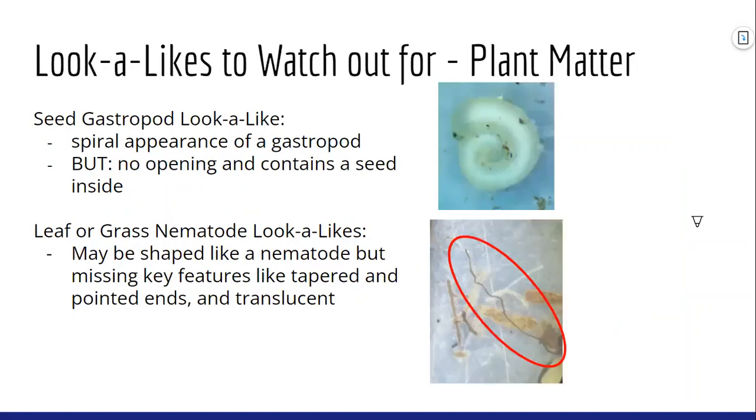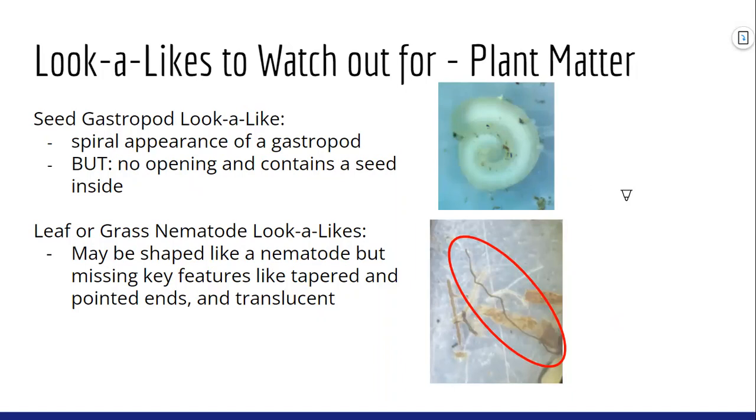We also have some invertebrate lookalikes out there that you should watch out for. So some plant matter that you'll collect in your samples may look very similar to some different taxonomic groupings of invertebrates. For example, here we have a seed that looks an awful lot like a gastropod or a snail.